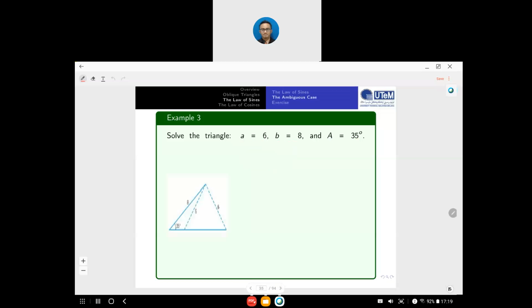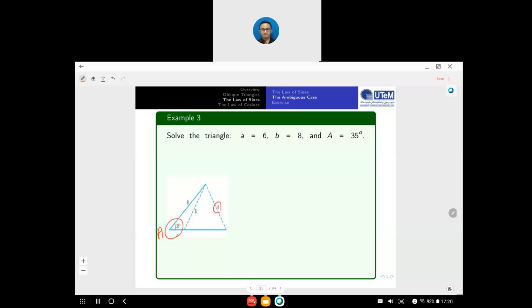We assume we have two triangles. So 35 and 6 here: this one is 35, the angle A, and the side A. So for this situation, you have two triangles.